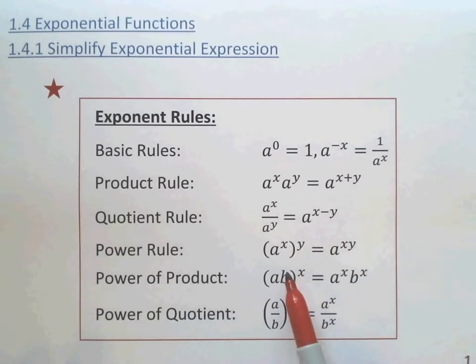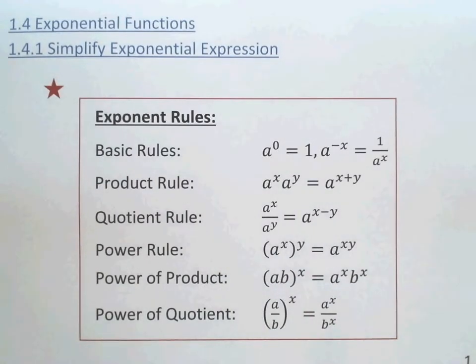We call it the power of a product: a raised to the power and b raised to the power, so they are the product. And a power of a quotient distributes the power to a and to b, which means we get the division of two exponents with the same power. These are very basic rules.